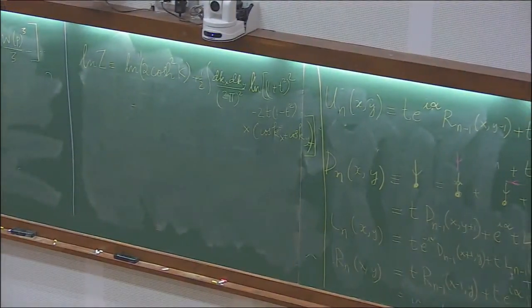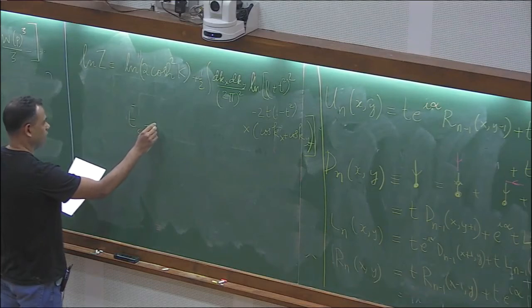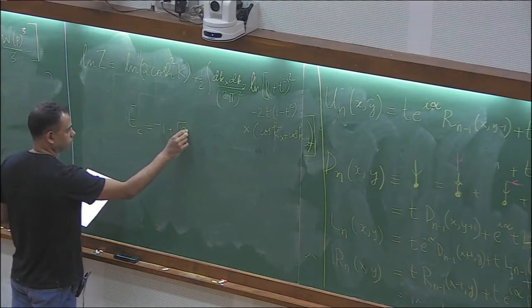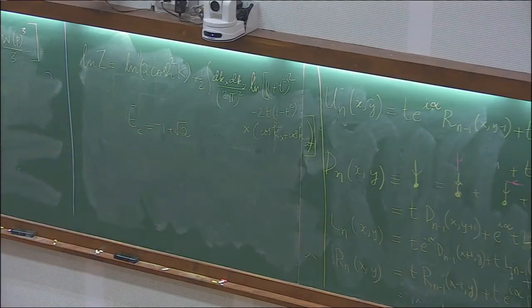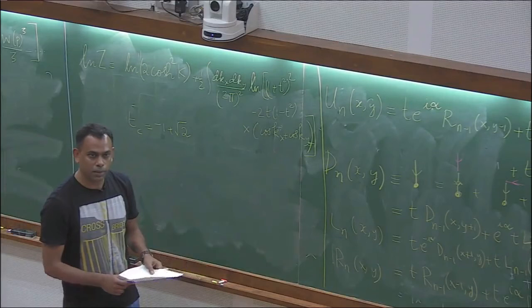From there, you have to figure out the singular part. Now, but you know what TC is. From the duality argument, TC was -1 plus root 2. This is from the duality argument which we had, by which we solved the Ising model TC. You expand about TC, close to TC. So all those steps I now skip. So let me write down the intermediate steps.